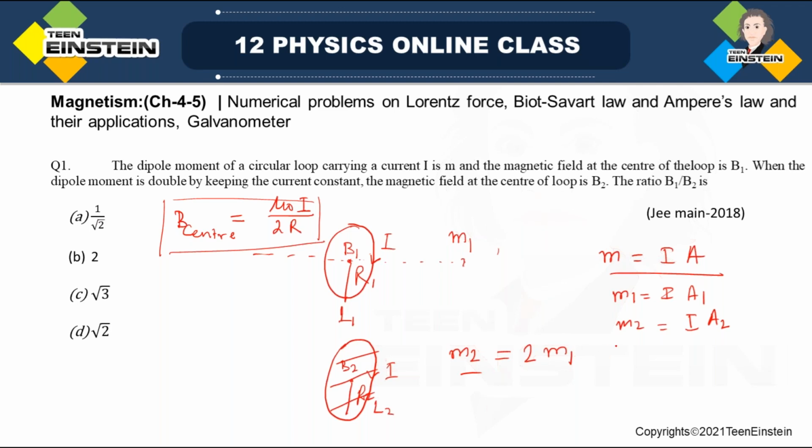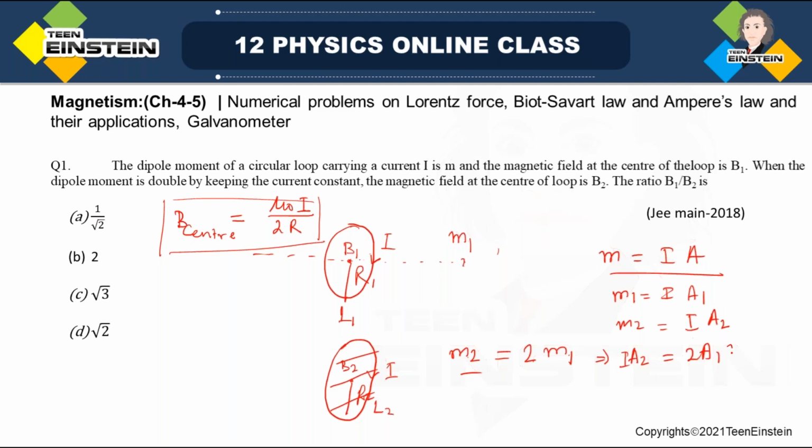So M2 is equal to 2M1, which says that A2 is equal to 2A1. This implies, if I write M2 is equal to I A2, and 2 into M1 is 2 I A1, so I goes off from both sides. That's why I have written A2 is equal to 2A1.